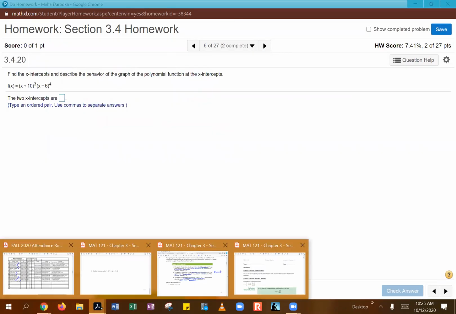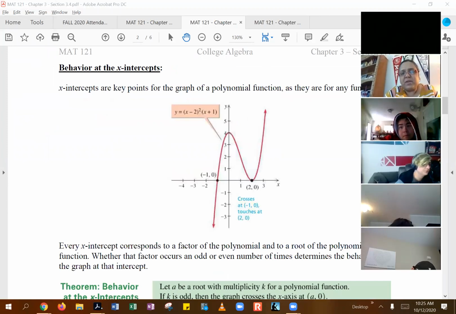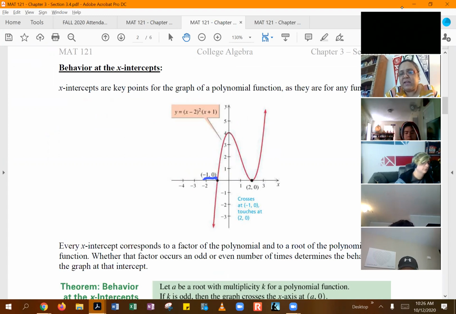Now let's get into the behavior at our x-intercepts. And this is what I was talking about, because if you look at this function over here, on the left-hand side at this x-intercept of -1, 0, you will see it is actually crossing our x-axis. At this x-intercept of 2, 0, you will see our graph will touch the x-axis, but it does not cross.